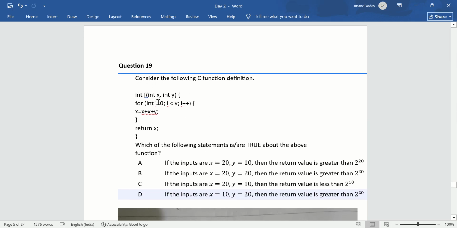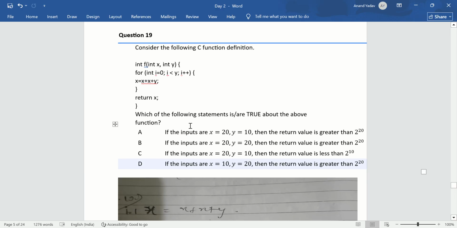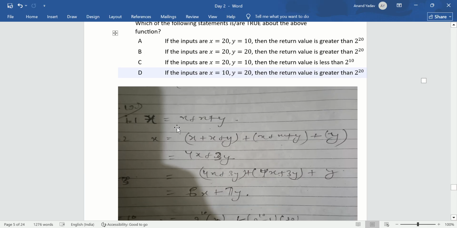Now the next question is this code: int f, for int I is 0 up to, I plus plus, this x plus y. I solve the question in this way. When I is equal to 1, x is equal to x plus y.